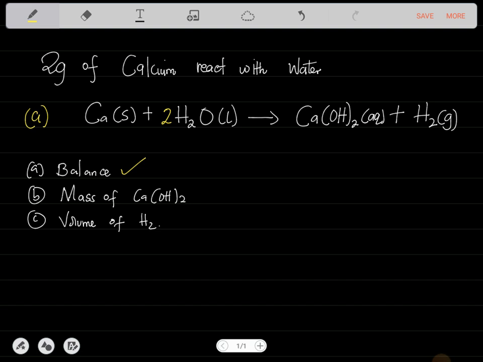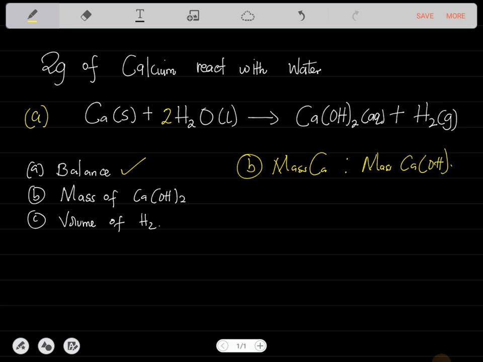Now, next is the mass of calcium hydroxide that has been formed. So to do that, we either use mole ratio or we use mass to mass ratio, whichever you feel like you're okay with. I prefer mass to mass because it's kind of easy, so let's use mass to mass ratio. Mass of calcium to mass of calcium hydroxide.